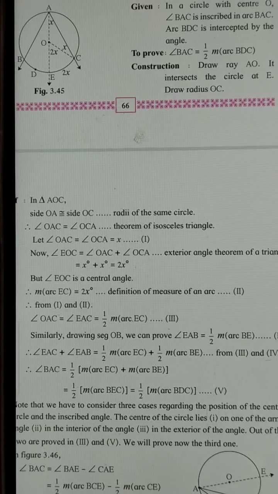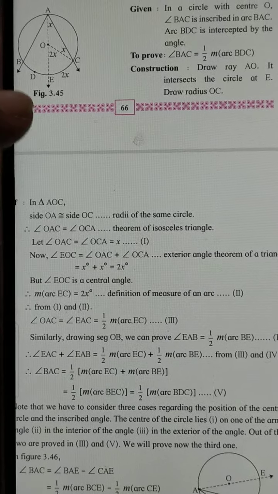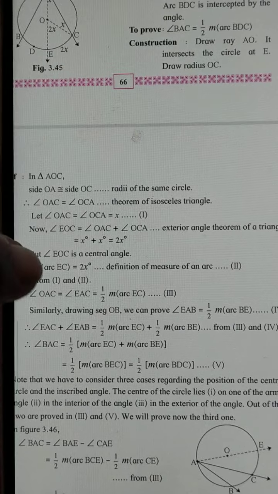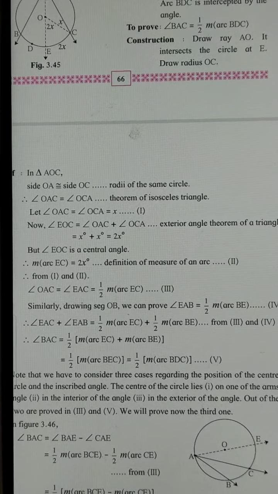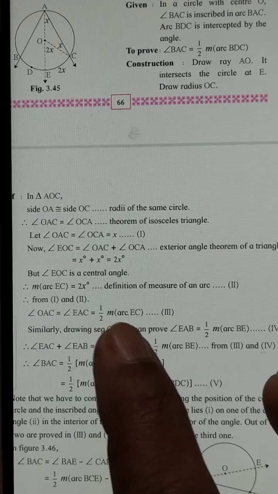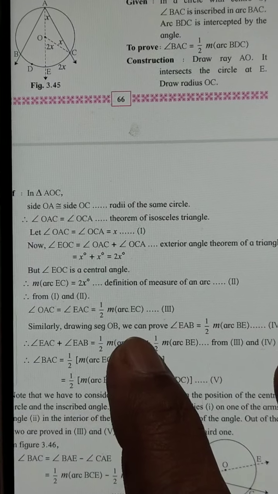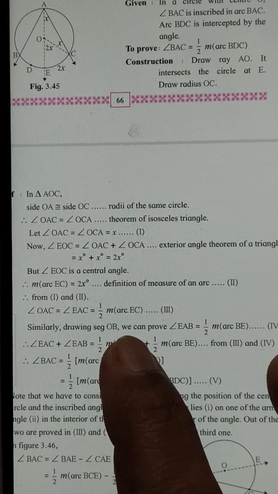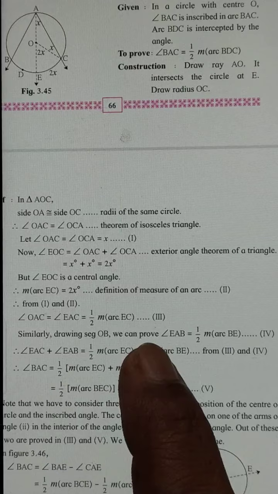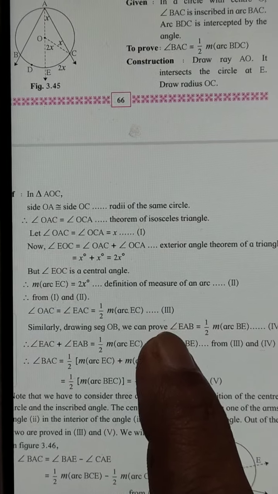But this one is a central angle, so measure of arc EC is equal to 2x degrees. Definition of measure of an arc, this is number 2. Now from 1 and 2 we can show that angle OAC, that is angle EAC, is equal to half of the measure of arc EC. Why? Because x is half of 2x.